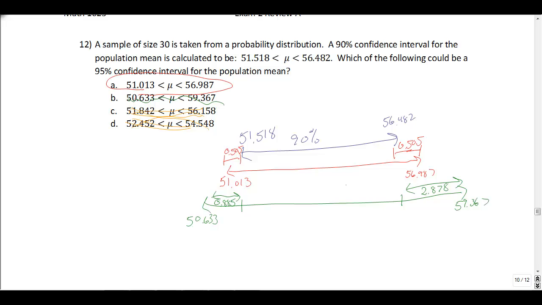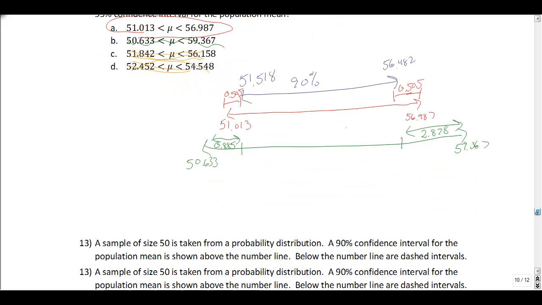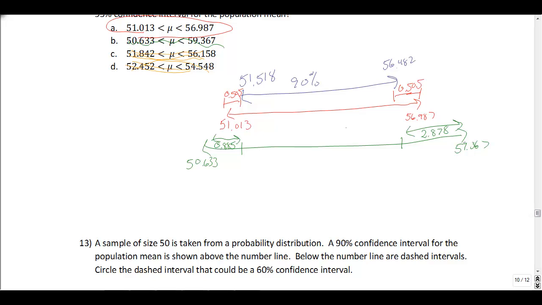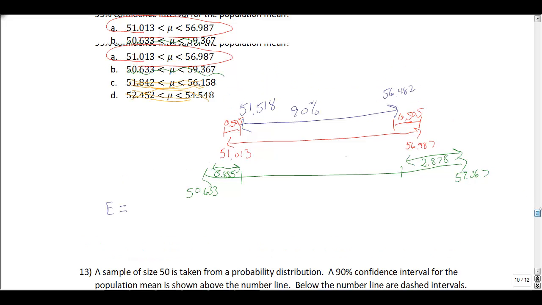Now, it turns out you can actually figure out what this should be. This is a little more advanced, but look at the margin of error formula.